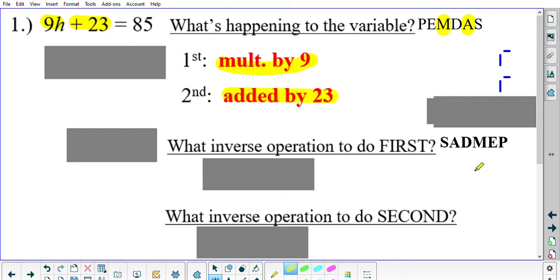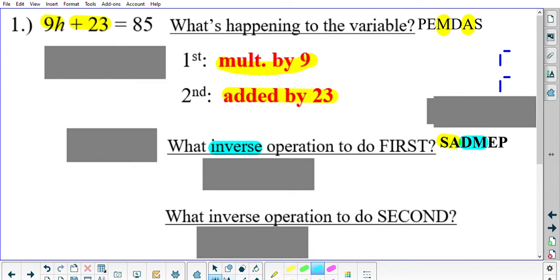But that has to be completely flip-flopped for the inverse operations, which means the subtraction and addition has to be done before the division and multiplication, because inverse is a synonym for the word opposite, and therefore the order of what's happening to the variable will be inversed, will be flip-flopped for figuring out the inverse operations.